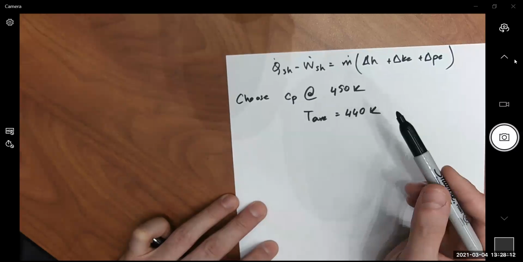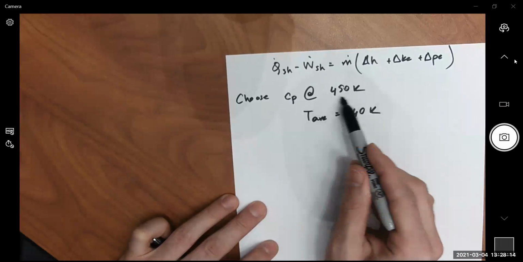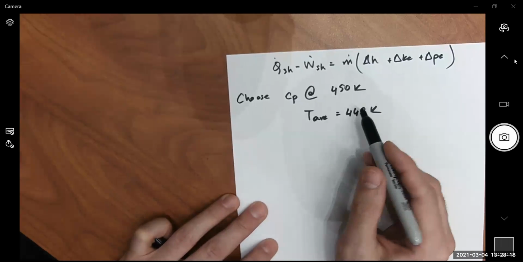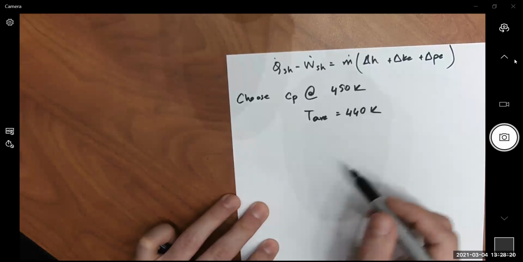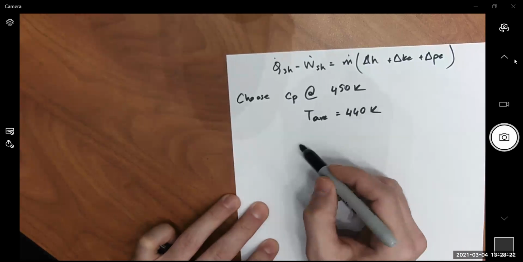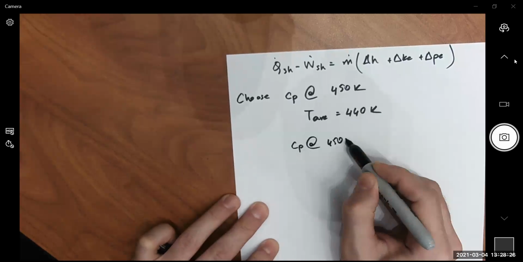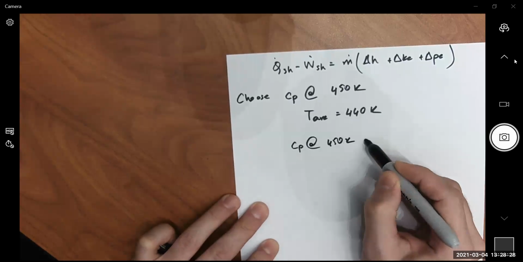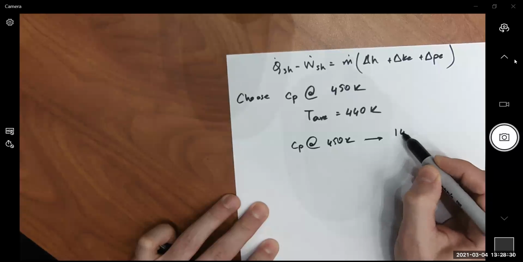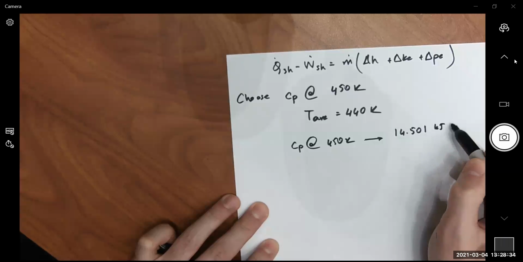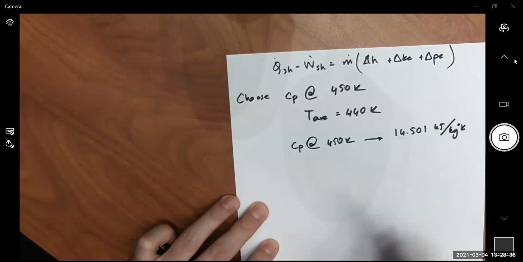You can double check, but I will use 450 Kelvin. CP at 450 Kelvin is 14.501 kilojoules per kilogram Kelvin.